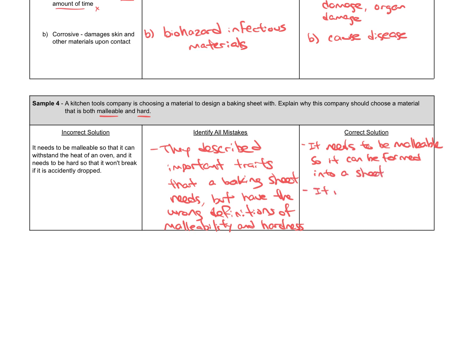And it needs to be hard. We're going to go with the definition of hardness, which is a resistance to being scratched. So it needs to be hard so it won't scratch easily.